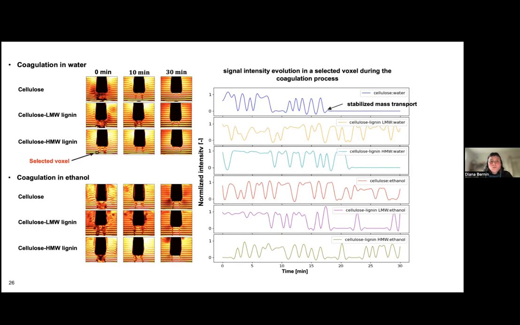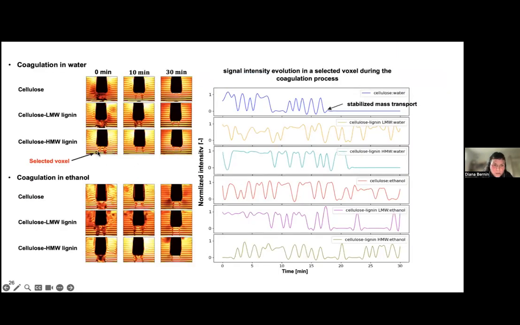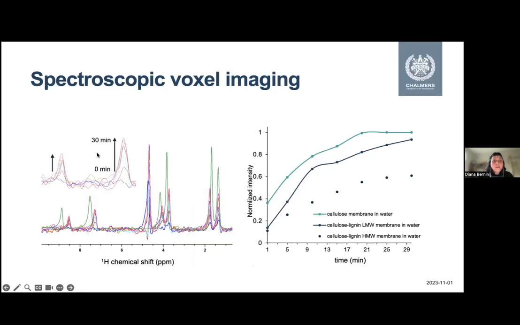But you can also do, I don't know if you remember, in the beginning I told you you can even do spectroscopic voxel imaging. So another way to see if the mixing is finished is to see how the concentration of MEMAC, the solvent, is changing with time. So here she recorded, not images, spectra, in this little voxel, and she did that with time.